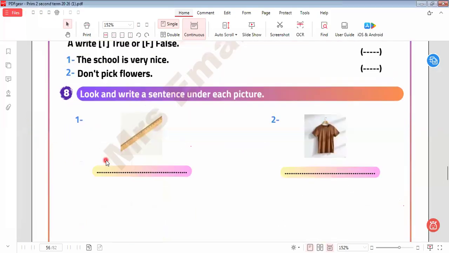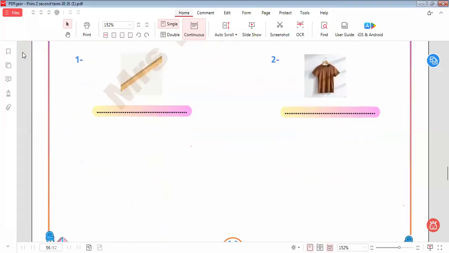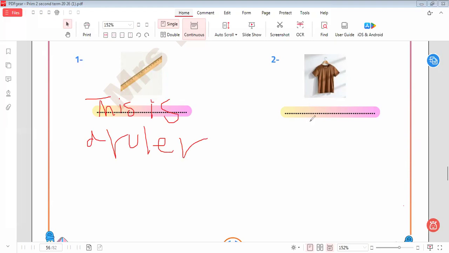Here I say, this is a ruler. This is a t-shirt. I write a simple sentence. Why? Because to be able to write it in the exam, okay?